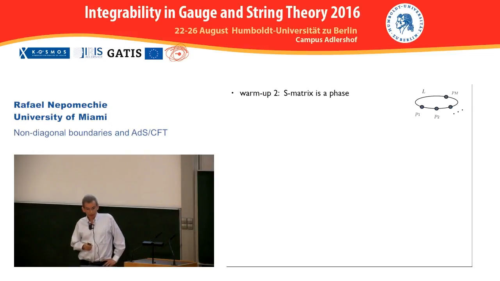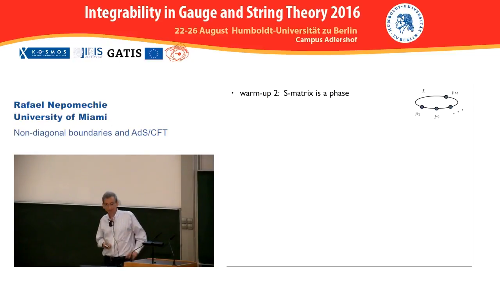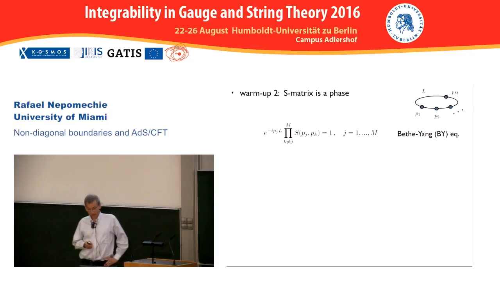As a second warm-up, suppose the particles are not free and they have an S matrix, which is a phase. Then, as Zoli explained yesterday, if you take one particle and take it around the ring, then every time it passes by one of them, it picks up an S matrix, and so the quantization condition now becomes this. And this is the famous Bethe-Yang equation.